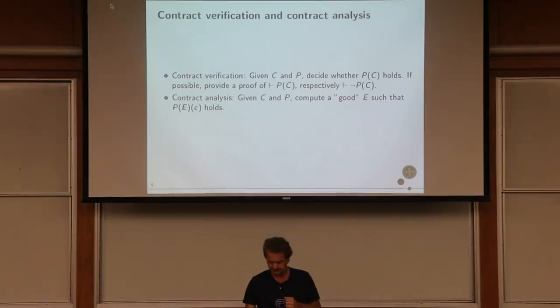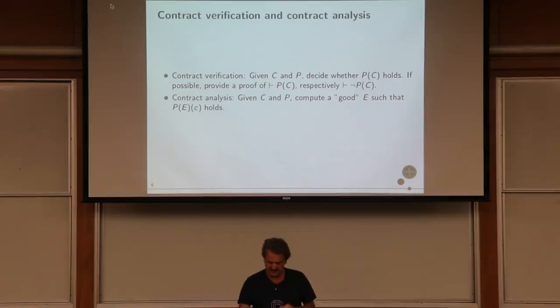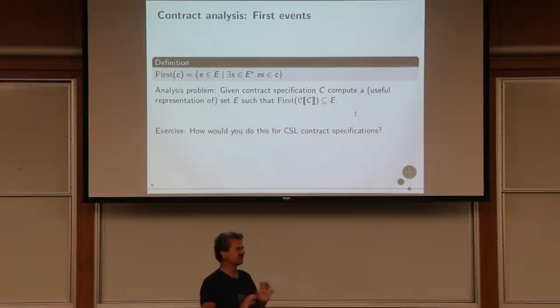Sorry? No, I shouldn't have used E here. No, it's just an abstract value. So for example, let's look at this here. First events, let's look at that as an abstract interpretation or as an analysis, okay? So this is the E here, and I've used the E for something else before, namely events.